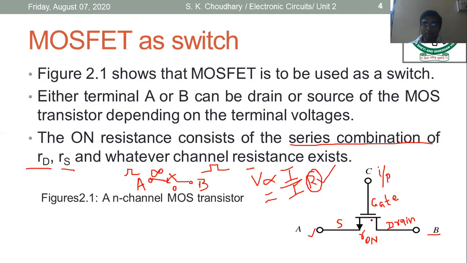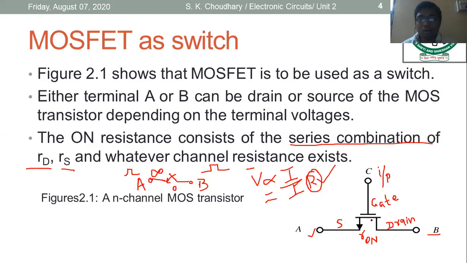If you remember the construction of the MOSFET, there is a channel present between the drain and source. So this on resistance is a combination of drain resistance, source resistance, and channel resistance. It is a series combination, so it is the addition of all these things. This plays a major role in the MOSFET working as a switch.